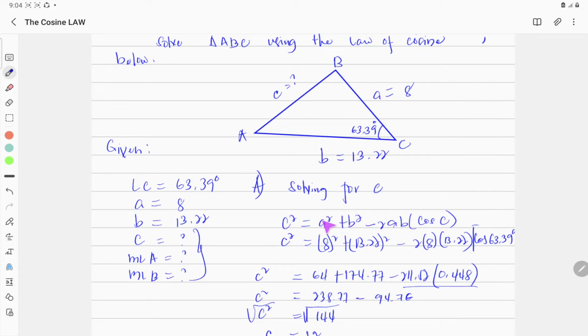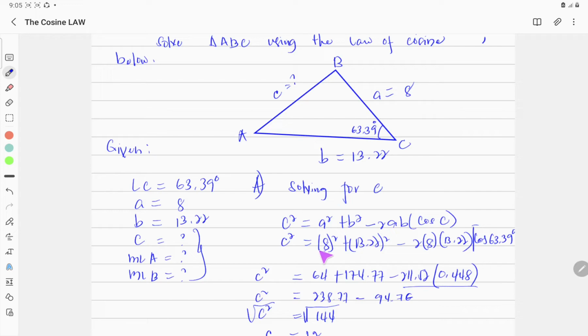Solving for c, we have this pattern: c squared equals a squared plus b squared minus 2ab cosine C. Plug in the values: a is 8, b is 13.22, minus 2 times 8 times 13.22 cosine 63.39.